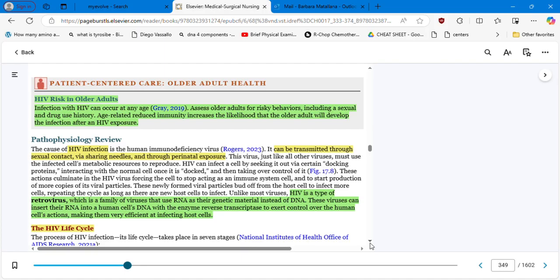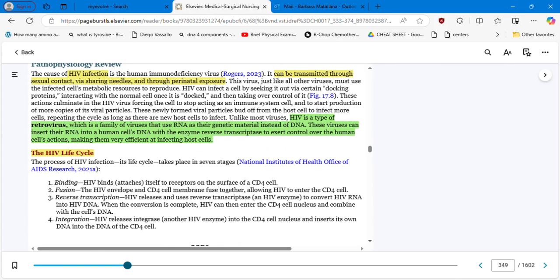Pathophysiology review. The cause of HIV infection is important to identify. It can be transmitted through sexual contact, via sharing needles, and through perinatal exposure. We saw that in the video. HIV is a type of retrovirus, which is a family of viruses that use RNA as their genetic material instead of DNA.